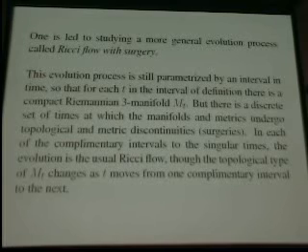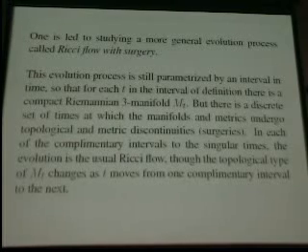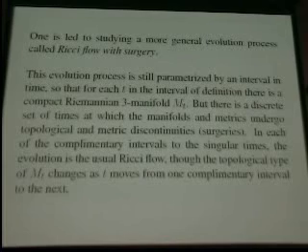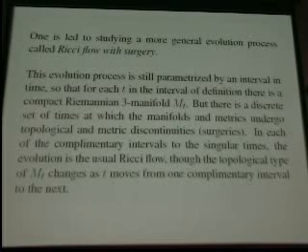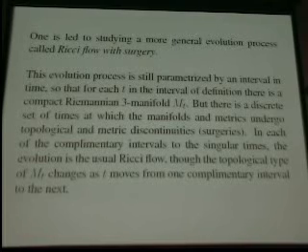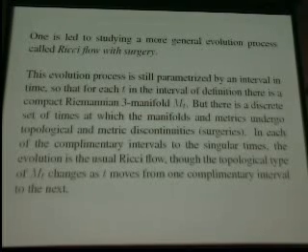The evolution process is still parameterized by an interval in time, so that for each time in the interval of definition there is a compact 3-manifold, but the 3-manifold may depend on t. There is a discrete set of times at which the manifolds and the metric undergo topological or metric changes, surgeries. This discrete set of times forms a closed set.